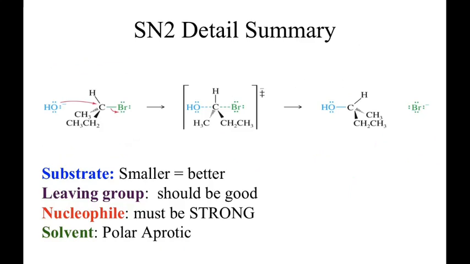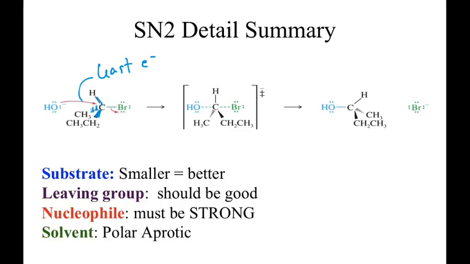Okay, so the details of our SN2 reaction, when we're looking at our substrate. Okay, remember we said backside attack was what was necessary for this reaction to occur. Our nucleophile has to come in from the backside of our substrate. So if we take a look at the backside of our substrate, we want that backside to have the least amount of electrons possible.